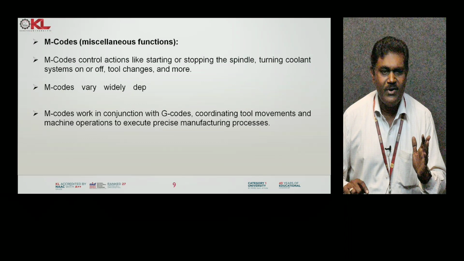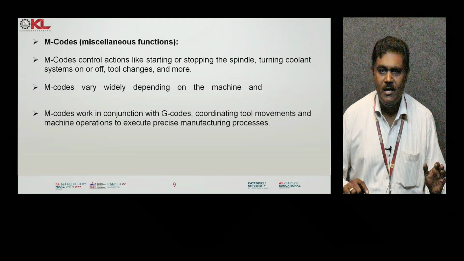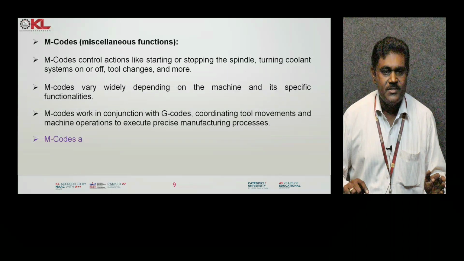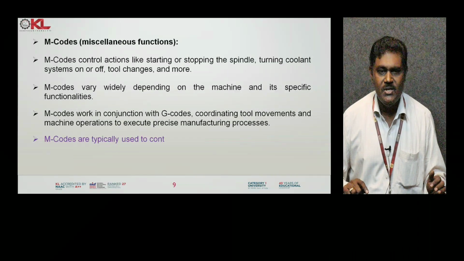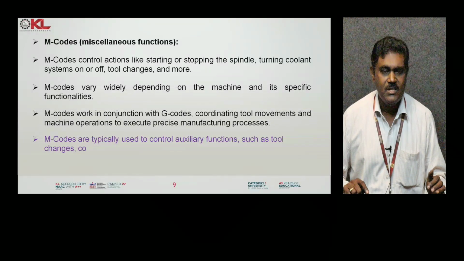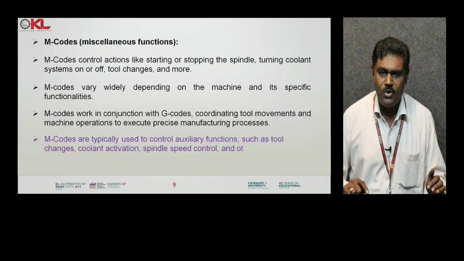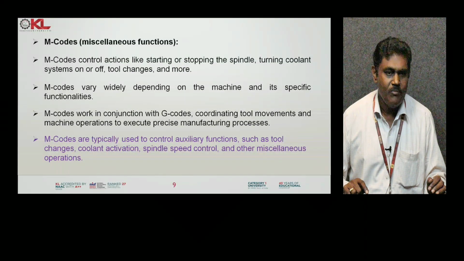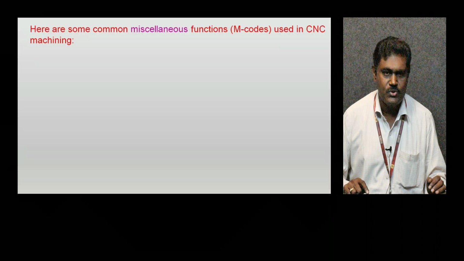They vary widely depending on the machine and its specific functionalities. M codes are typically used to control auxiliary functions such as tool changes, coolant activation, spindle speed control and other miscellaneous operations.